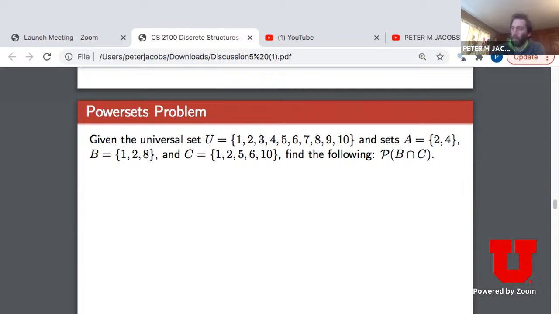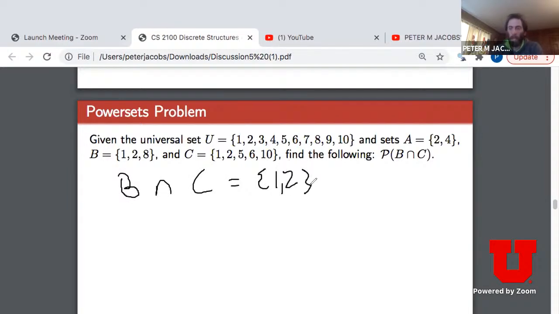And so, yes, let's start with what B intersection C is. B intersection C is what's common to B and C. The only two elements, as Annika observes, that are common to B and C are 1 and 2. So B intersection C is equal to {1, 2}.